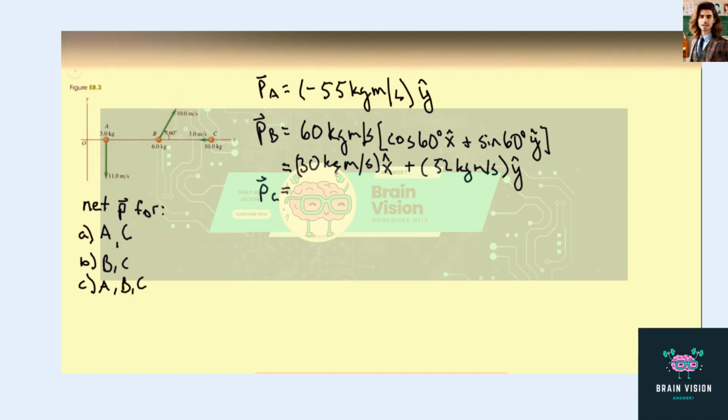And then C itself is kind of boring again. 10 times 3, 30, negative x direction. Nothing too exciting.